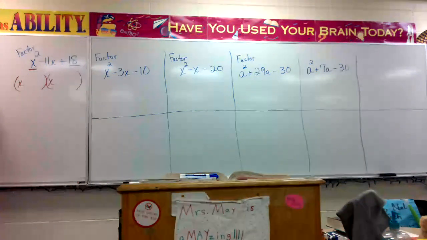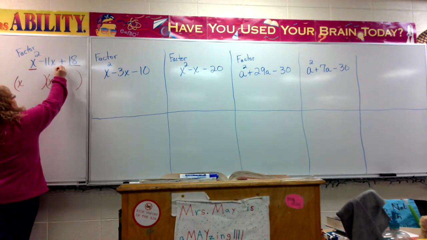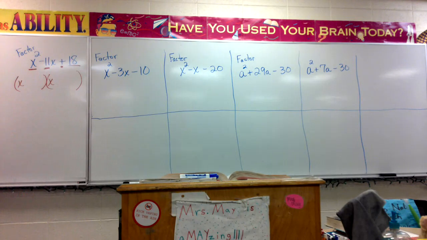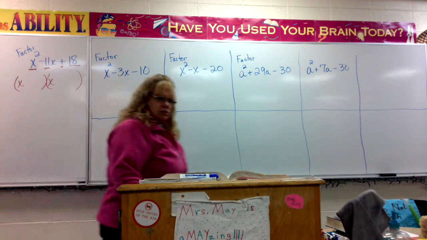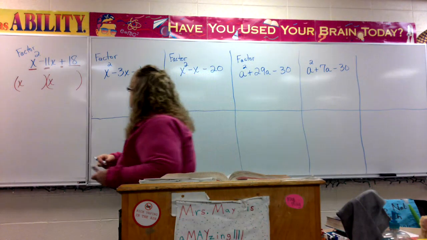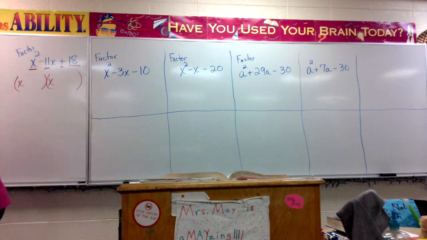What else? 6 and 3. Of those now, we need the combination that will add to 11. What combination will add to 11? Any of those? Because remember, if none of the combinations will add to 11, then it's prime.